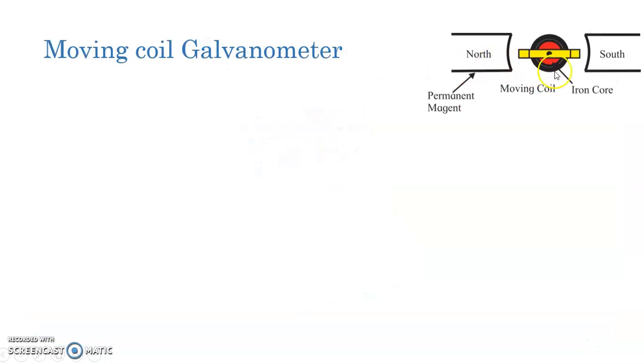This is the top view of the diagram of moving coil galvanometer. It consists of a coil of several turns suspended in such a way that it can freely rotate about a fixed axis. This moving coil is placed in an external magnetic field produced by these two magnets.